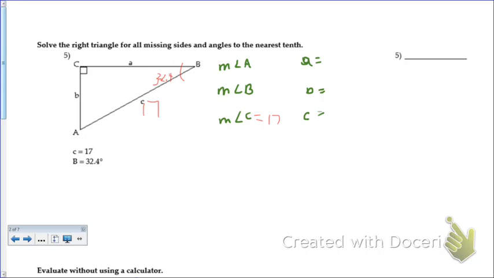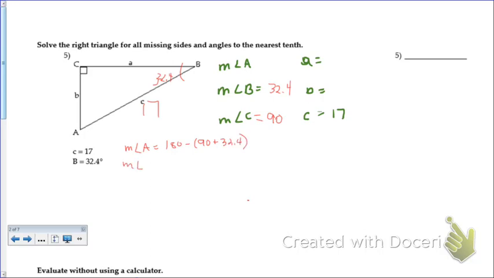Oh, wrong C. C is 17, there we go. B is 32.4. And angle C is 90 degrees. So we know that there are 180 degrees in a triangle. To find angle A, that's equal to 180 minus the sum of the other 2 angles, which would be 90 plus 32.4.